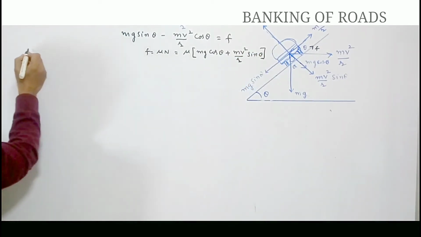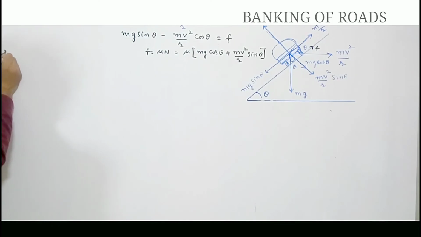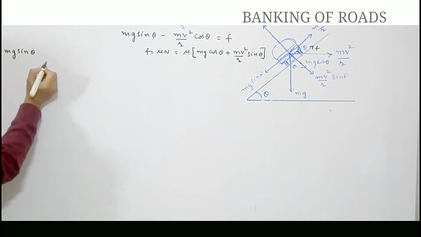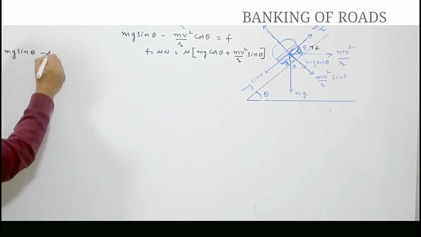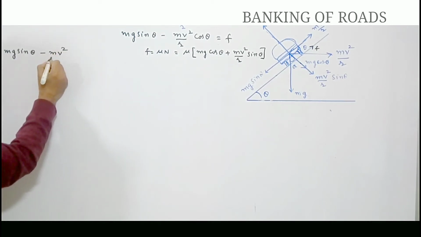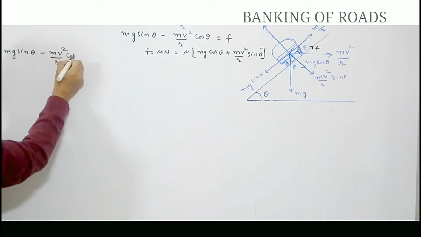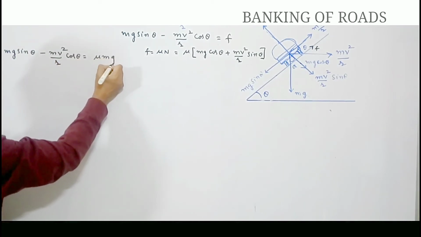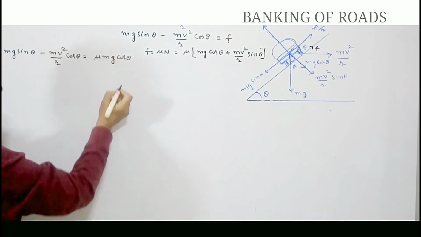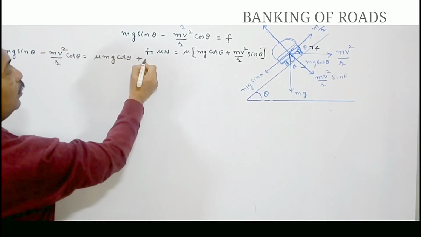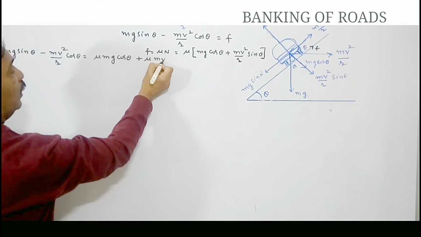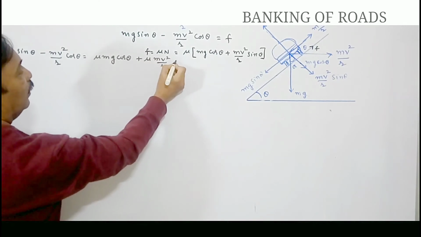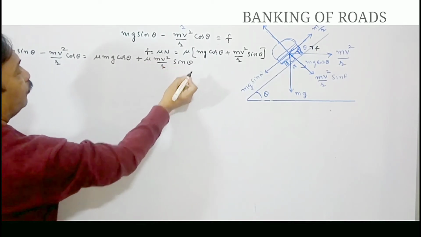Further it can be written as mg sin theta minus mv square by r cos theta is equal to mu mg cos theta plus mu into mv square by r into sin theta.